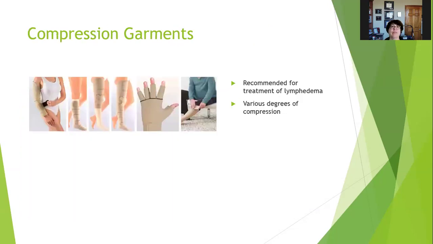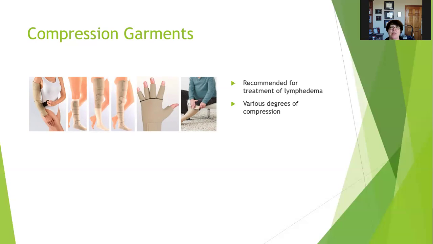It'll be fun. So compression garments are usually recommended for treatment of lymphedema, and there are various degrees of compression. They are custom fit to the individual, and they're quite expensive. Once somebody gets down to the size they want to be, after you're doing manual lymph drainage and compression wrapping with bandages, that's when they're measured for the compression garment so they can stay that size.